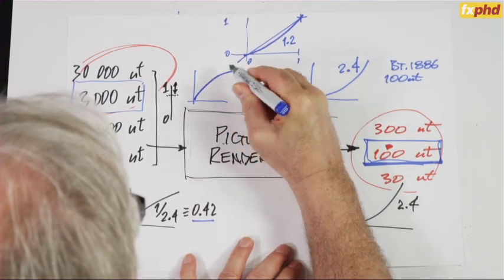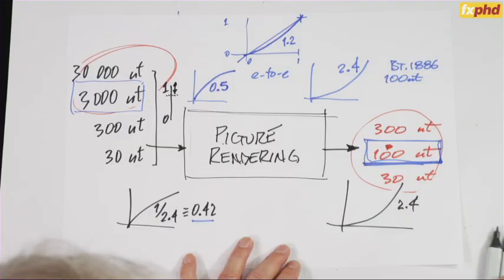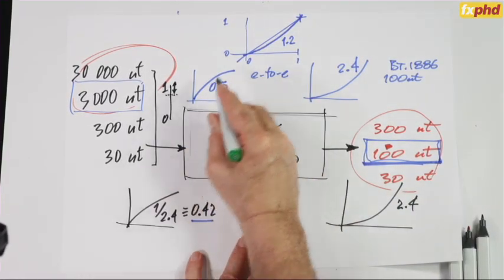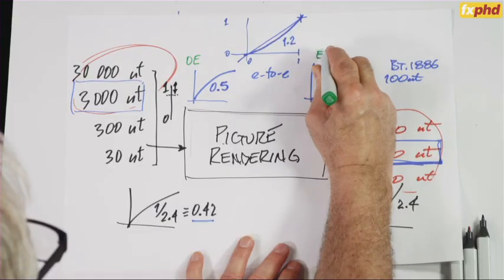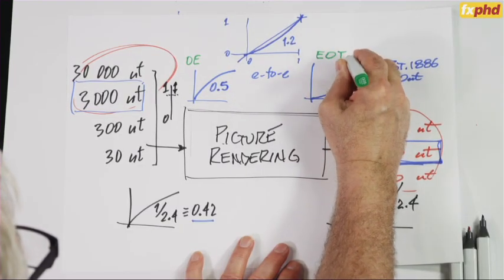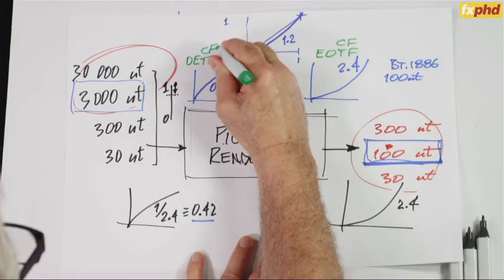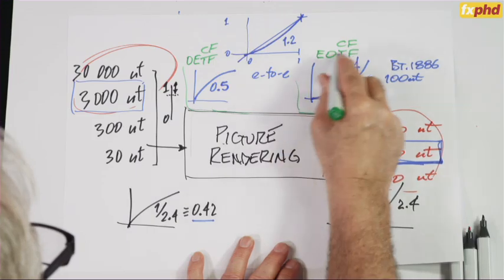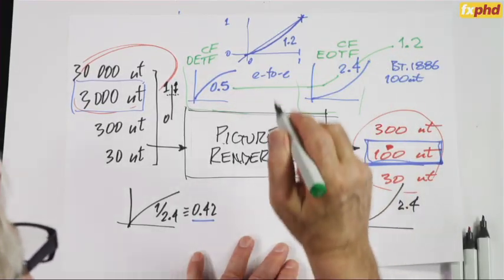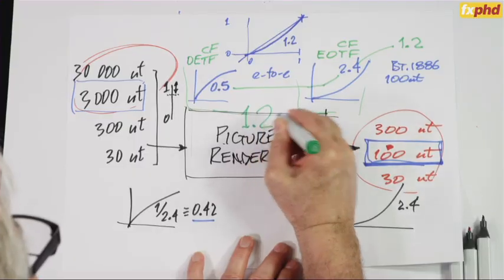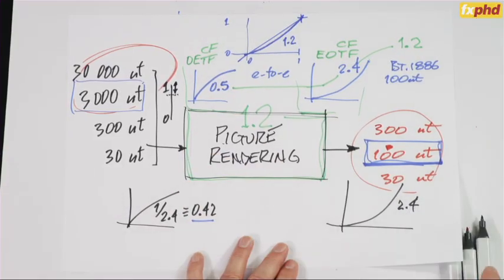Instead, what we do is set the camera to about a 0.5 function, and then the relationship from the optoelectronic curve in the camera to the electro-optical curve, and some people call it transfer function or conversion function, the relationship between those two is just the product of those two numbers, 1.2. That 1.2 power function is the default baseline picture rendering for HD.